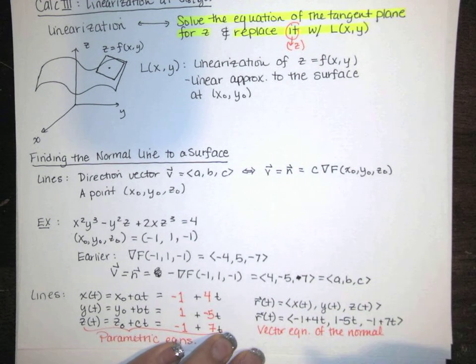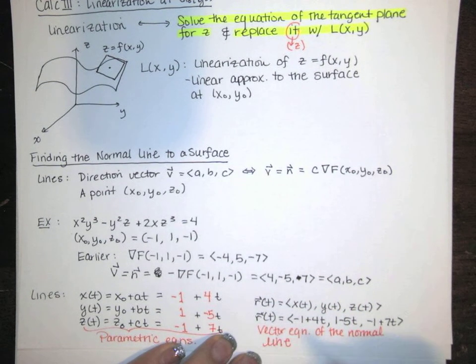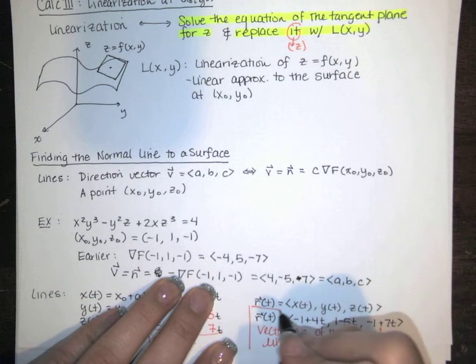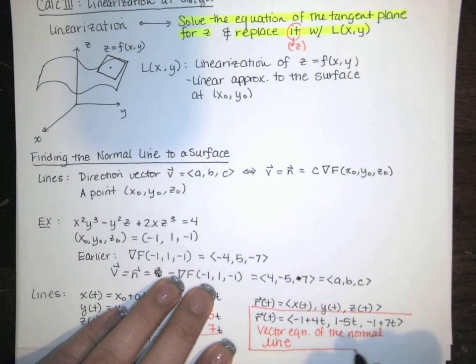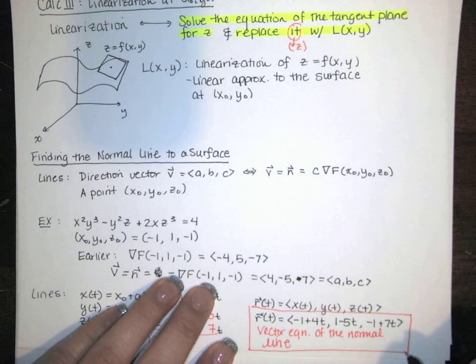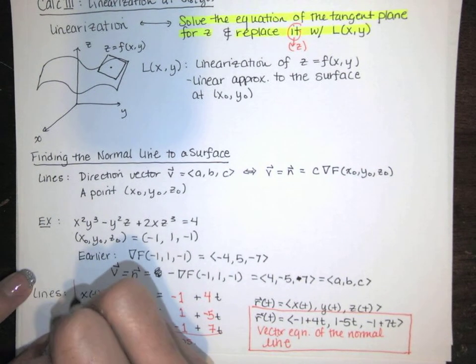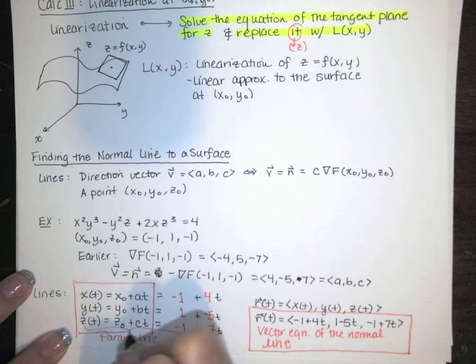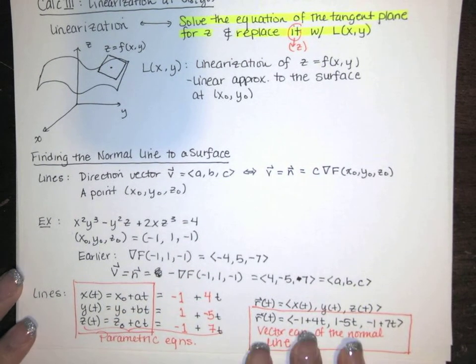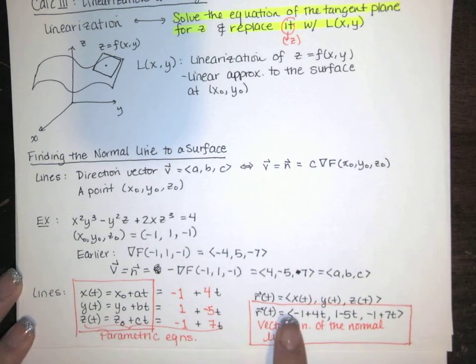Easy breezy. If you've already found the tangent plane, you already have all the things you need for the normal line. You just have to remember how to put those pieces together to get a line again. So those are the formulas for the parametric equations. And again, for the vector equation, just take the parametric equations and sub them in as the components of your vector valued function over here.